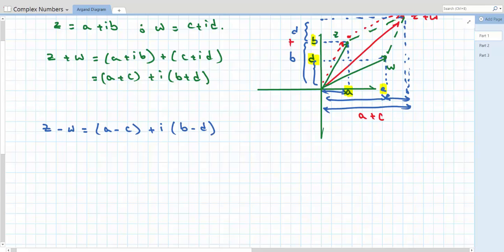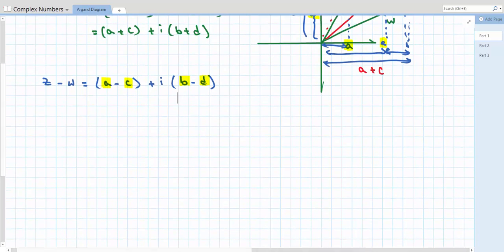So what we're doing is taking the real value of the second vector away from the real value of the first, and similarly the imaginary parts are being subtracted. So how does that look on an Argand diagram?